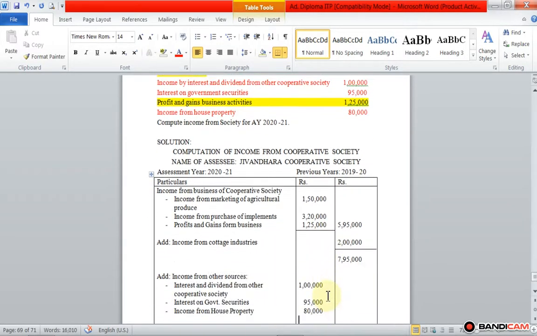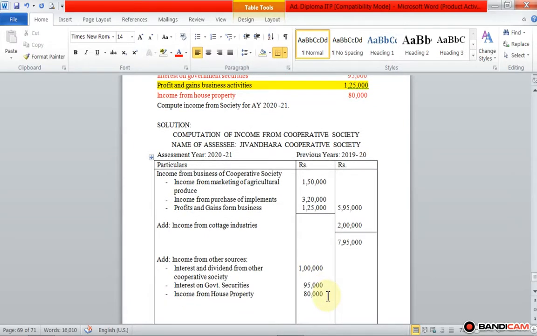Make a total of all other incomes and add this other income to the income of the cooperative society from business. So here 1,95,000 plus 80,000, we get 2,75,000.